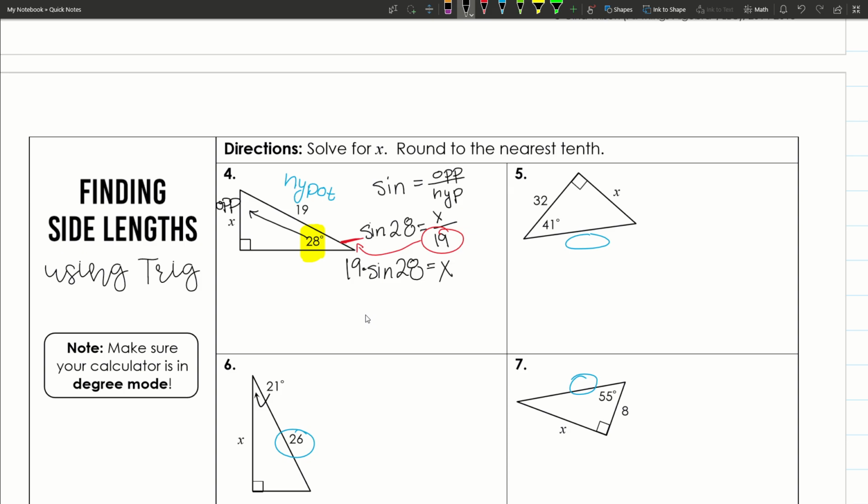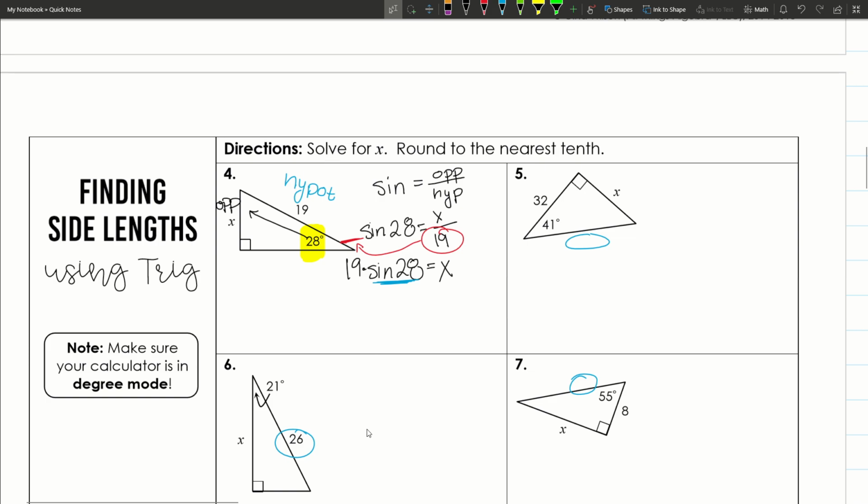The next step is to find sine of 28. This is a little bit difficult to do on our calculators because they are not how we would want them. We would hit 28 in our calculator, and then you would hit sine. My calculator is backwards, so we're not going to use that one anymore. We'll use this calculator.